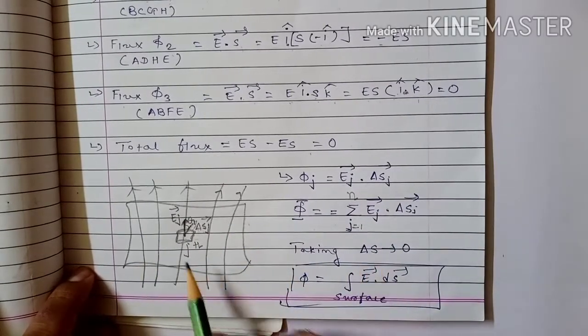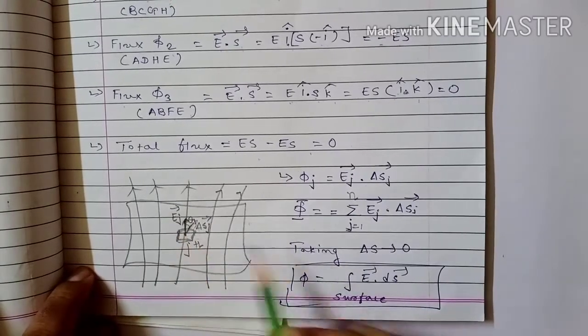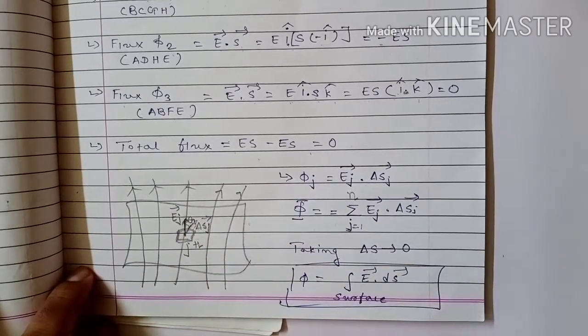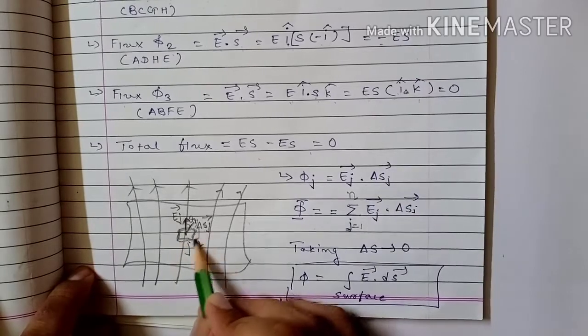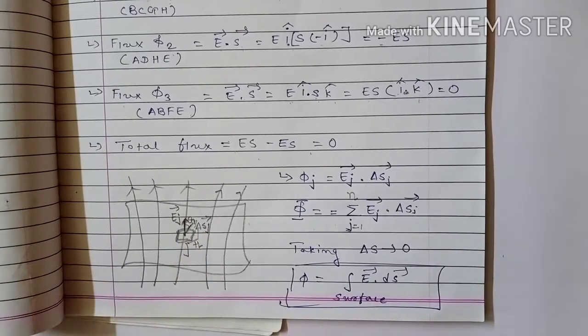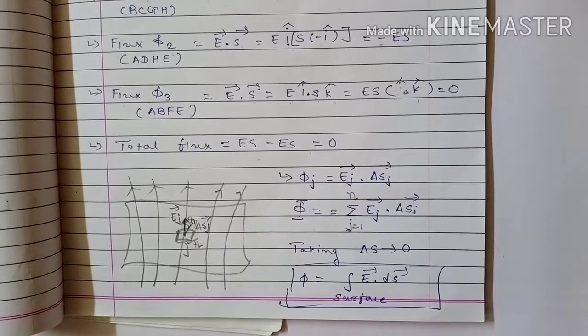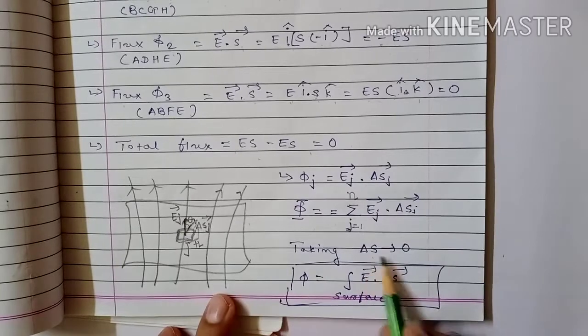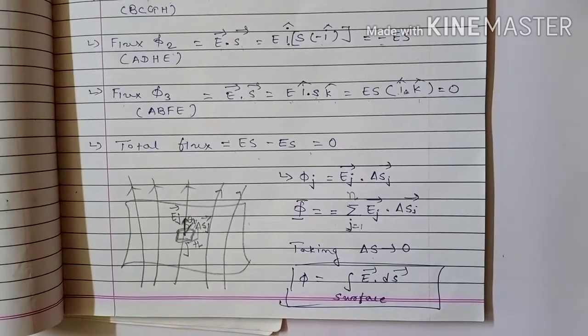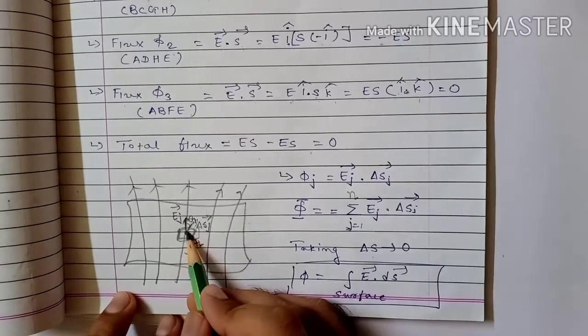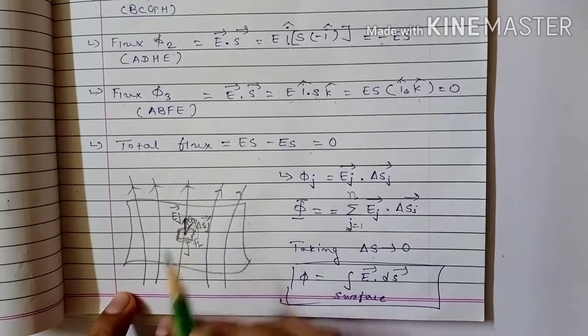If we take this element to be very small, taking delta S tends to 0, if you reduce the size of this element to a point, if its area tends to 0, then it can be considered as a point, and for that point the value of electric field remains the same.